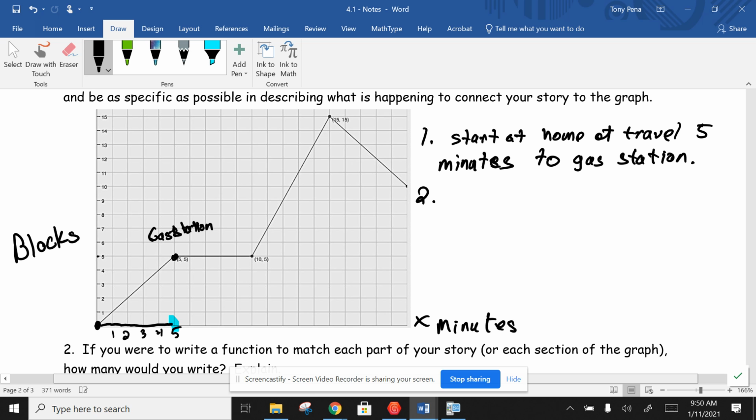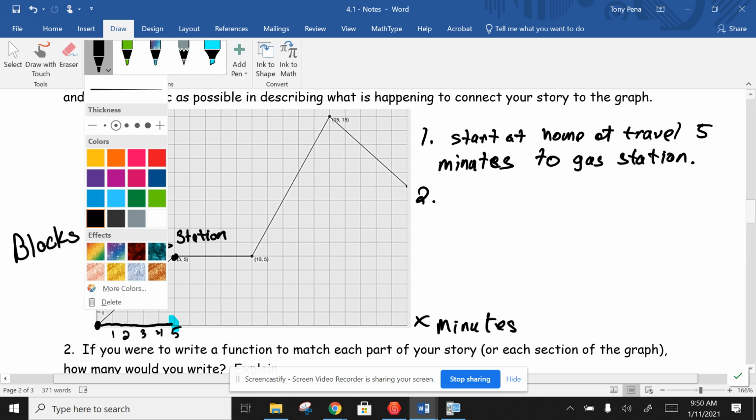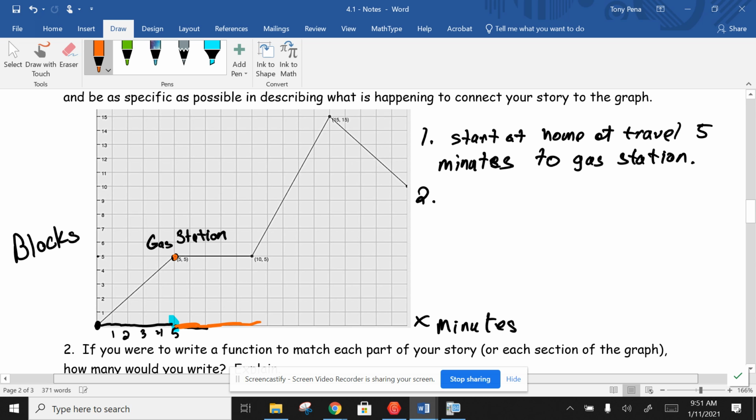Now, think about what that then means. Do we travel any more blocks? Be a little more clear here. We arrive at the gas station at this point. Over the next 5 minutes, from here to here, does our distance change at all?